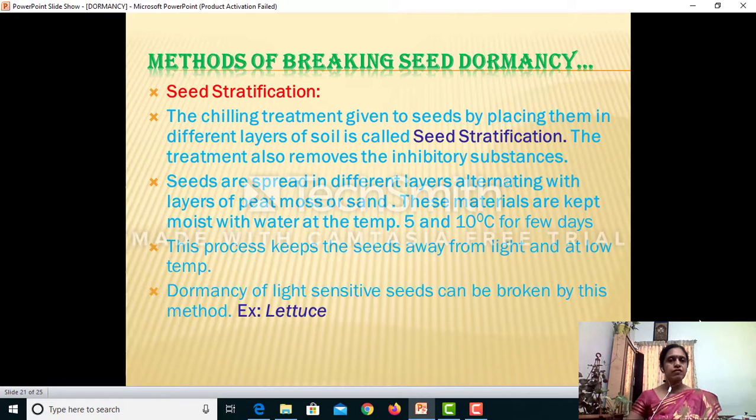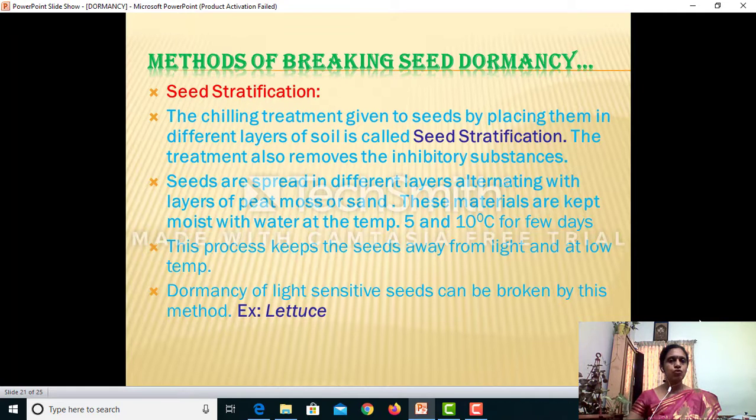Seeds are spread in different layers, alternating with layers of peat moss or sand or any material of this kind. These materials are kept moist with water at a temperature of 5 to 10 degrees centigrade for a few days. This process keeps the seeds away from light and at low temperature. Dormancy of light sensitive seeds can be broken by this method.